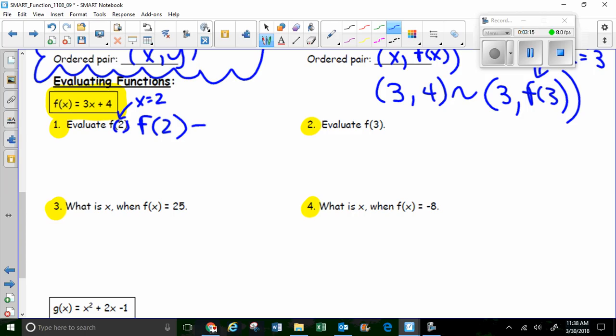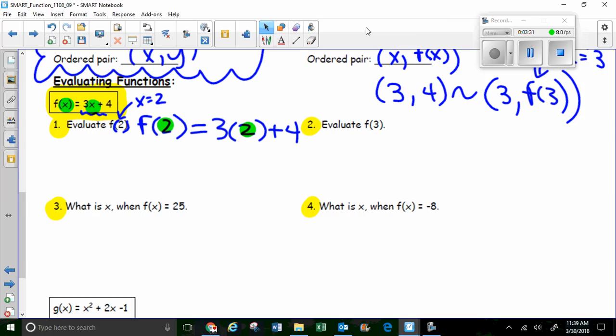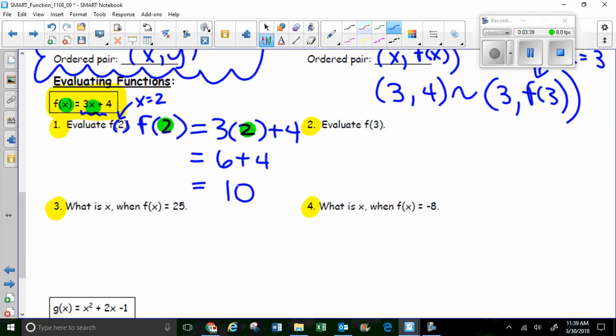So f of 2 is equal to, I'm going to take my function rule, and wherever I see x, I'm going to replace it with 2. So if you notice, I just took anywhere I had an x and replaced that with 2. And now I'm just simplifying the right side of the equation. So 3 times 2 is 6, plus 4, and really I'm using order of operations here. 6 plus 4 is 10.